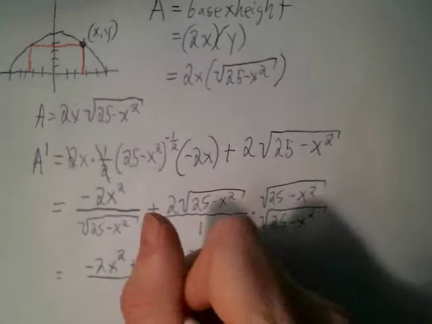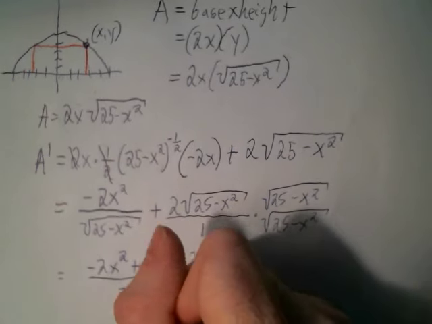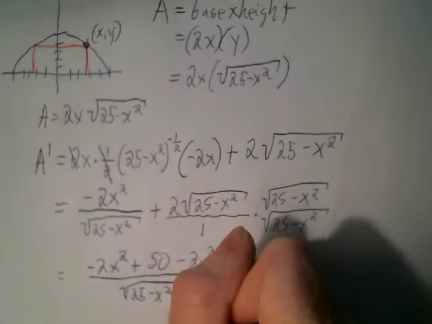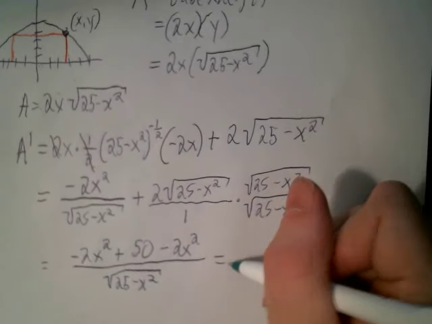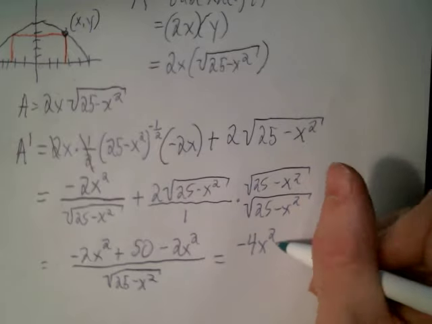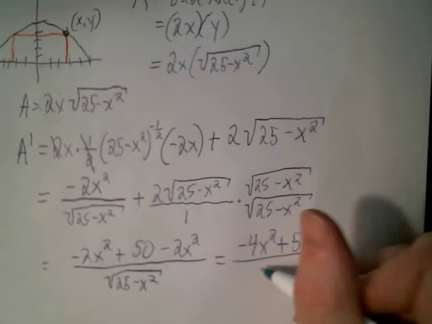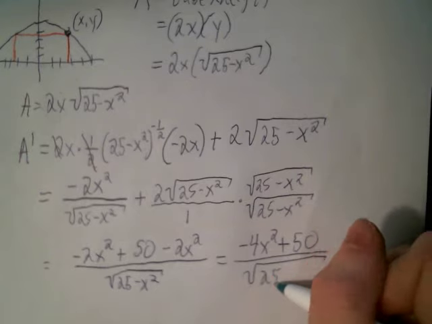Of course, this is all over the square root of 25 minus x squared. And then that'll be negative 4x squared plus 50 all over the square root of 25 minus x squared.